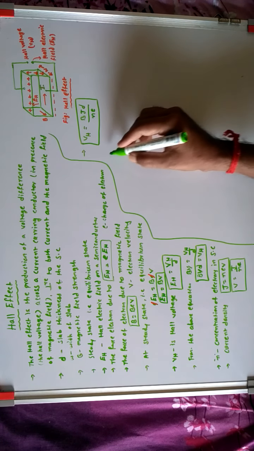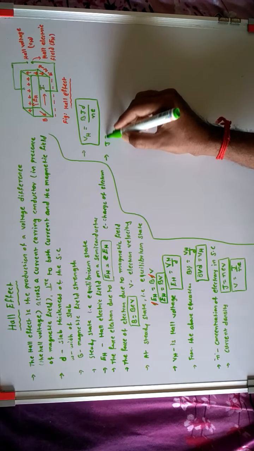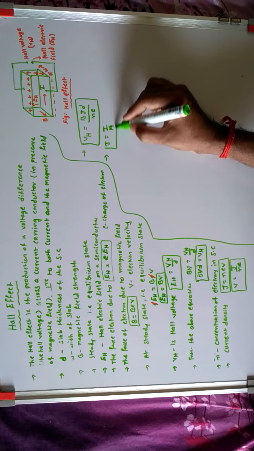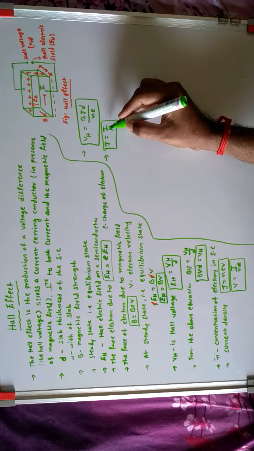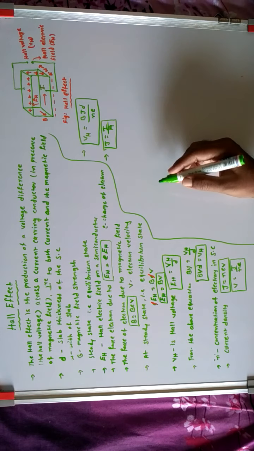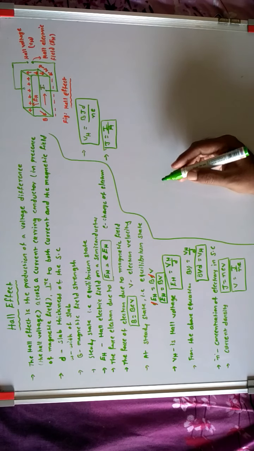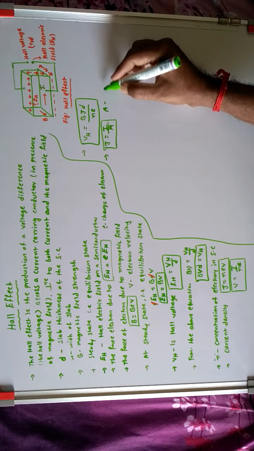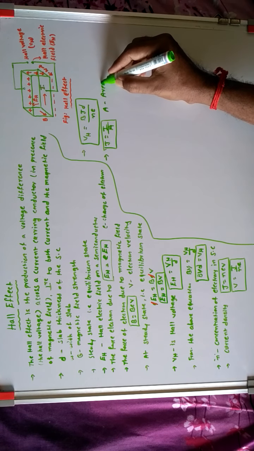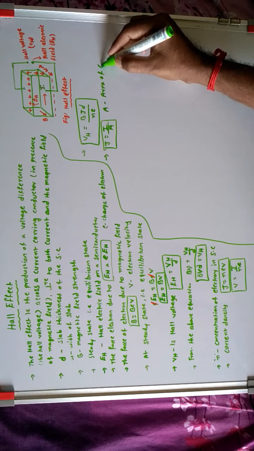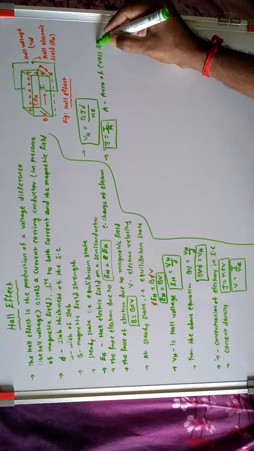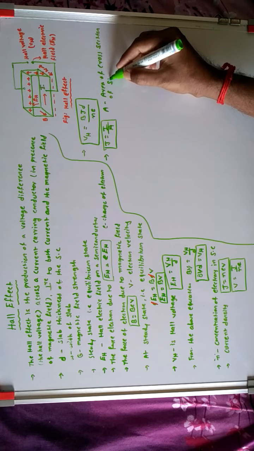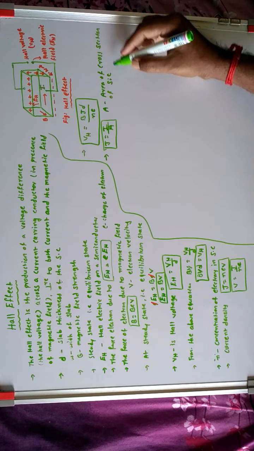Here actually current density J equals I by A, where A is the area of cross section of the semiconductor.